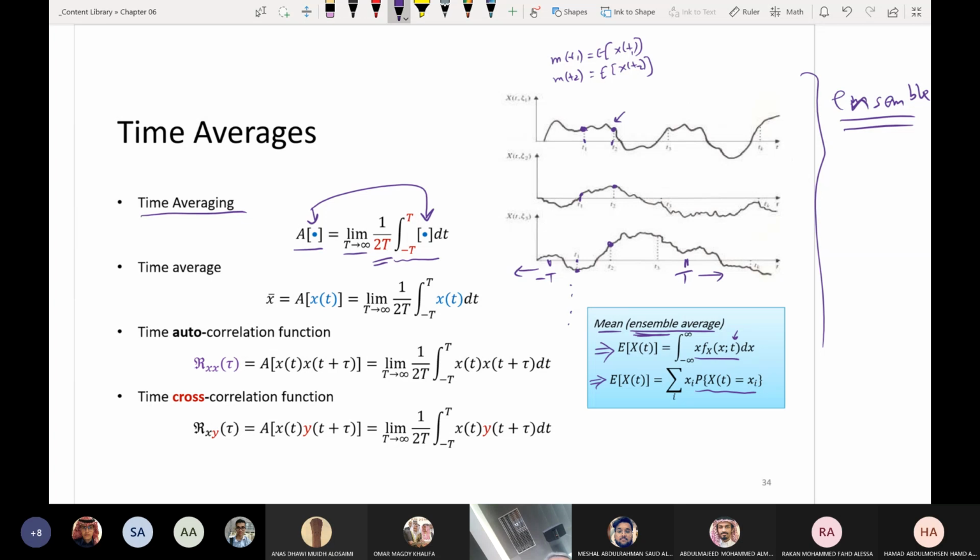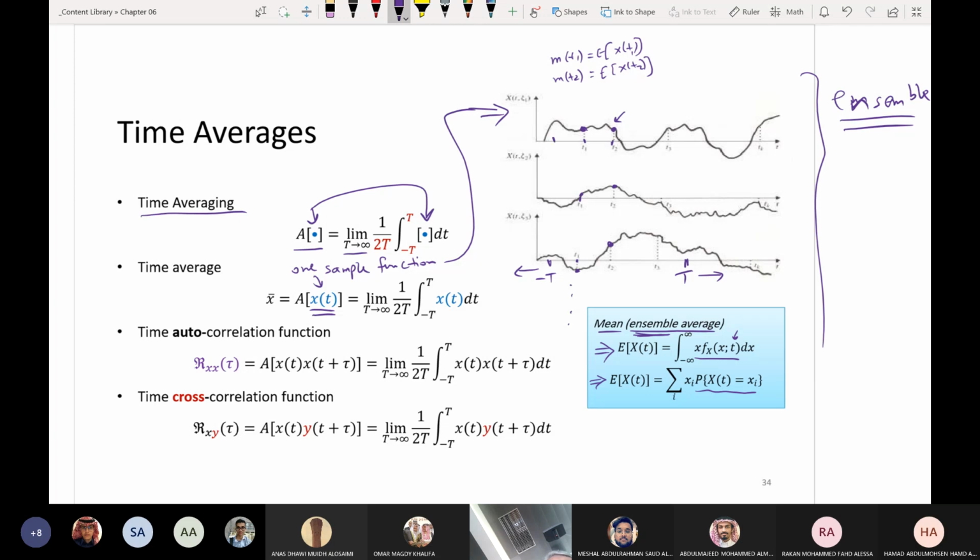So if I want to take the time average of one realization, one sample function, I don't want to repeat the experiment many times. So I take only one realization. It could be this one. One sample function. Then I calculate the time average for that.